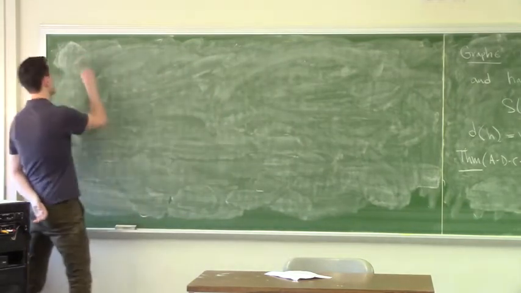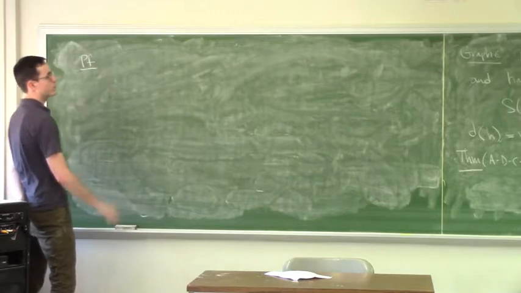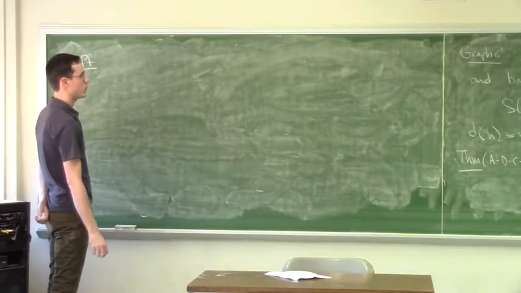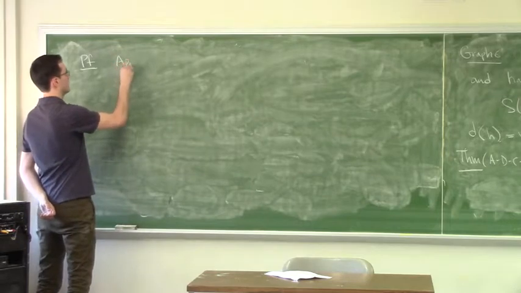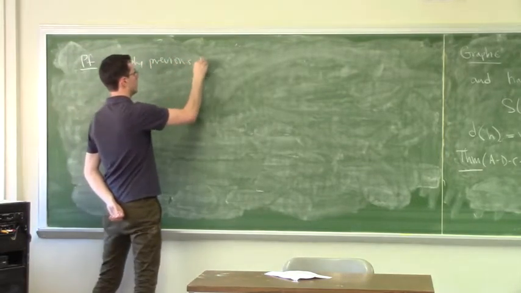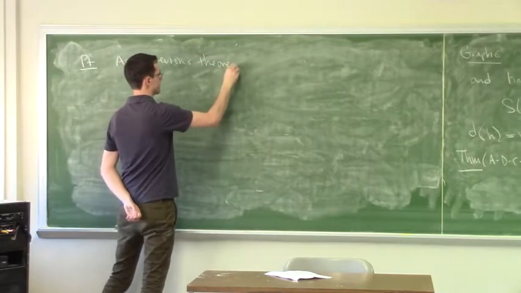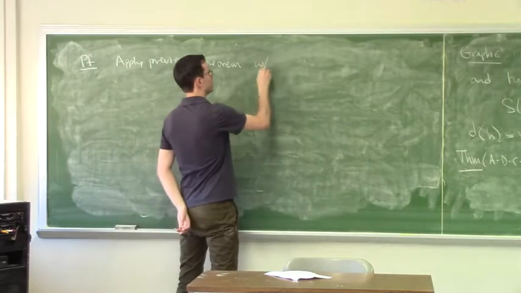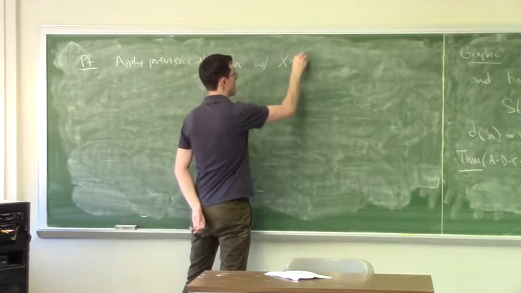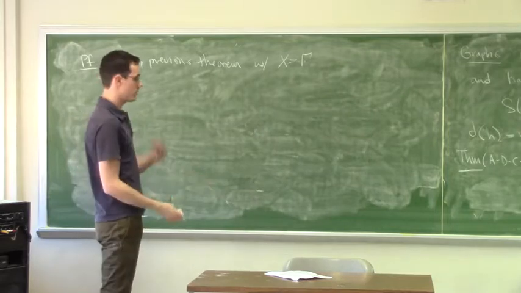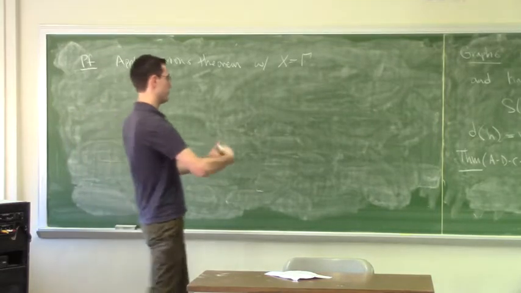Okay, so what's the proof? I'll just sketch it for you. We're going to apply the previous theorem, which I conveniently just erased, with X as gamma, as you might have guessed, and then there's supposed to be some decomposition of gamma into two pieces glued along a bridge.